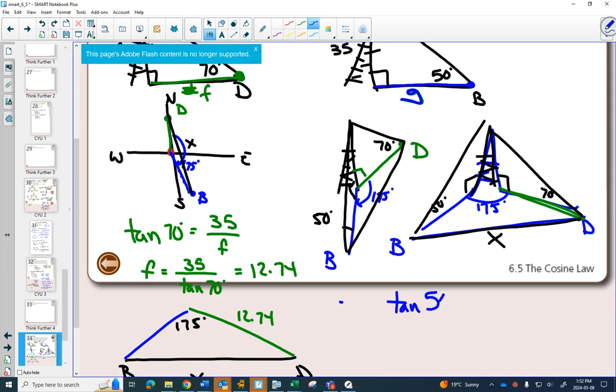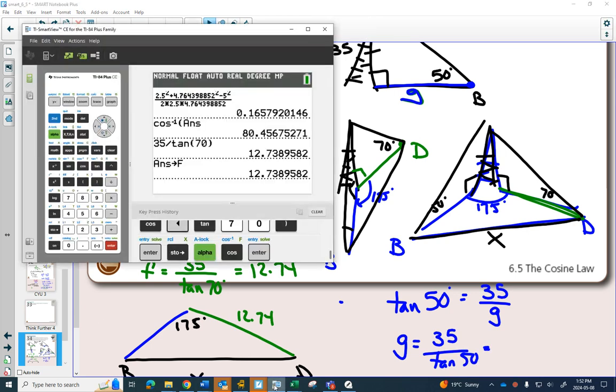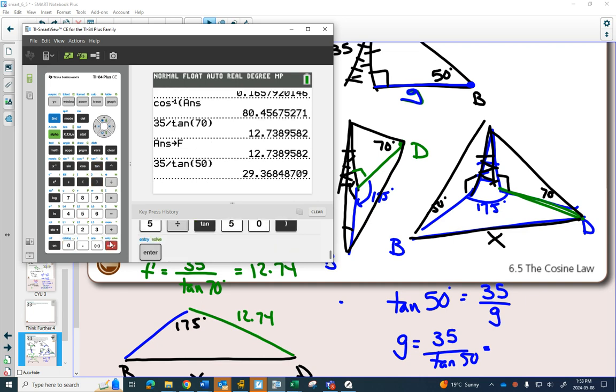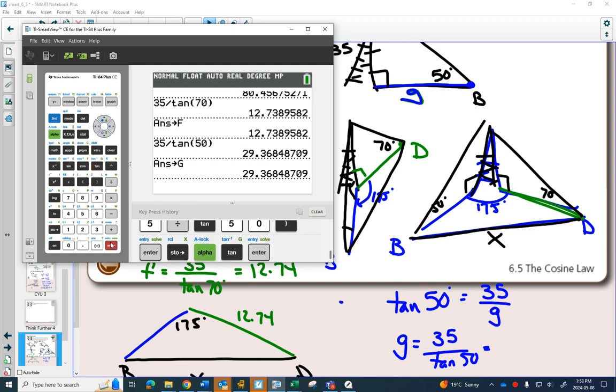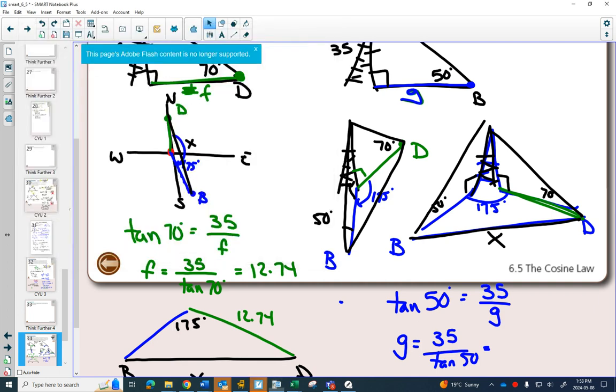Tan of 50 degrees will equal 35 over G. So G will equal 35 over tan of 50, which is equal to 29.36, 37. I'm going to store that as the letter G.